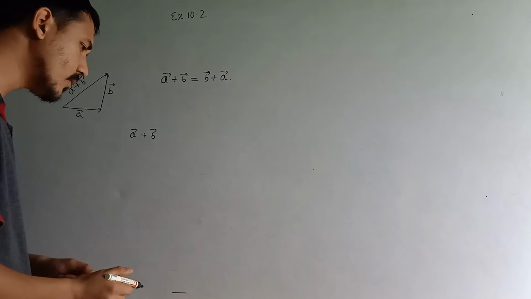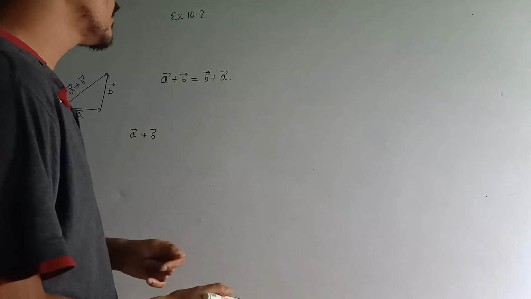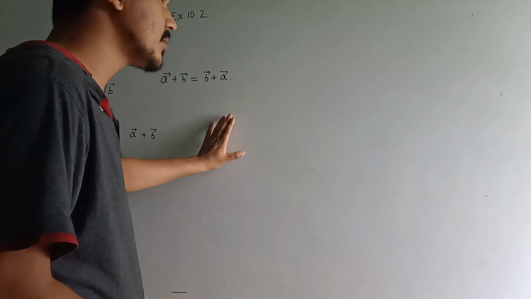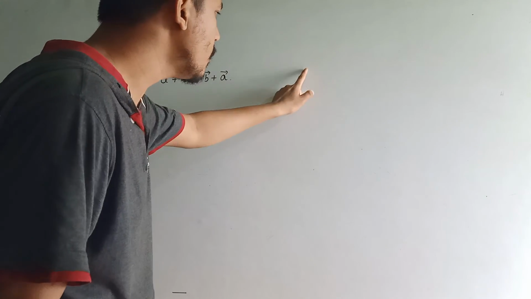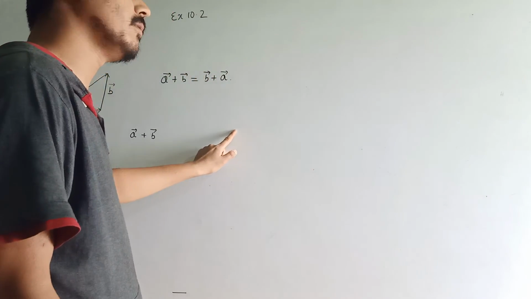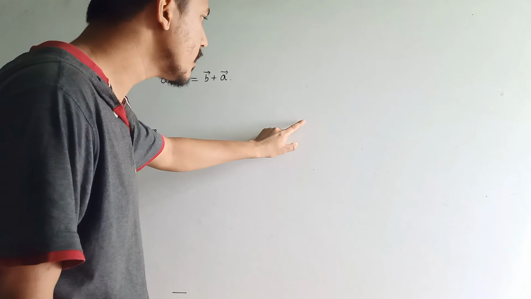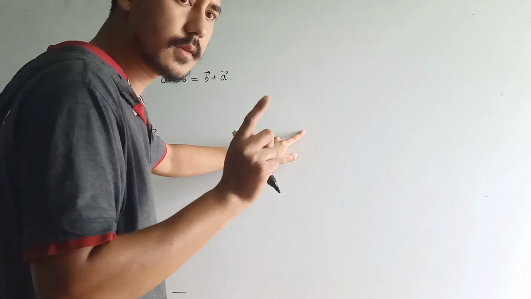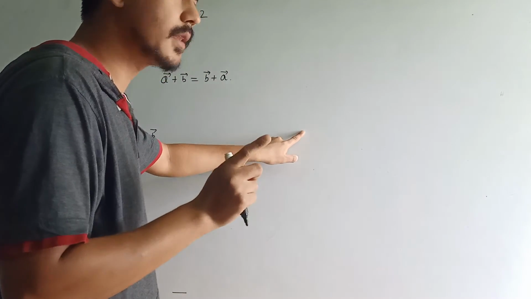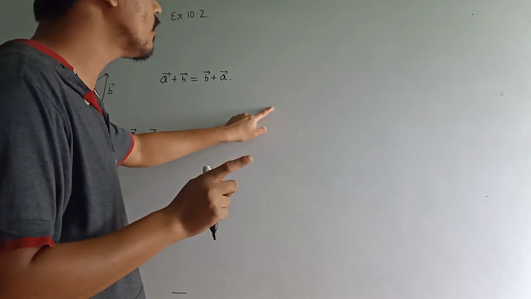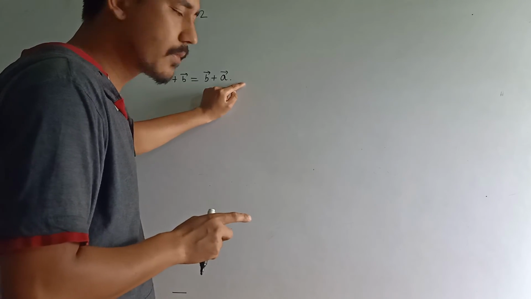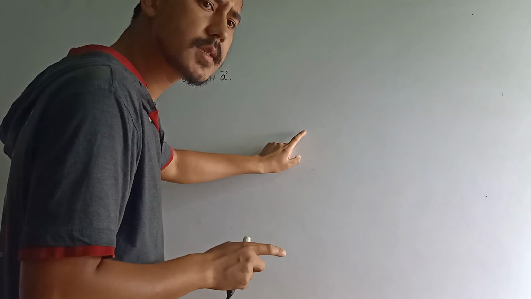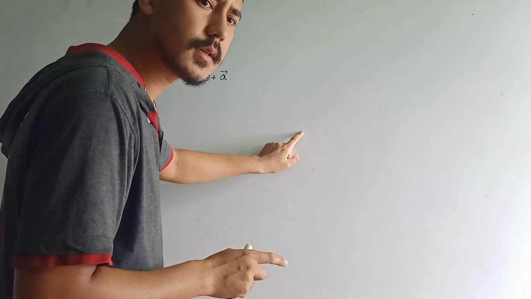In the parallelogram law, what do we do? If two vectors are represented by two adjacent sides of a parallelogram joined tail to tail, then their resultant will be given by the diagonal of the parallelogram drawn from the same common point.